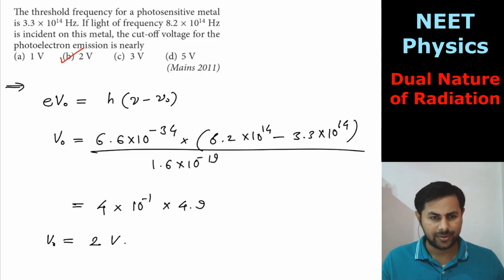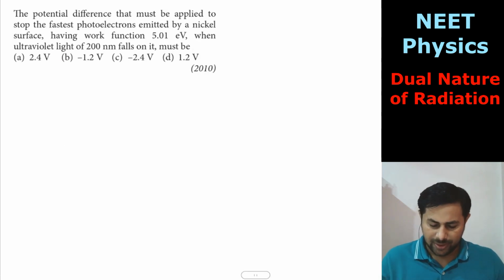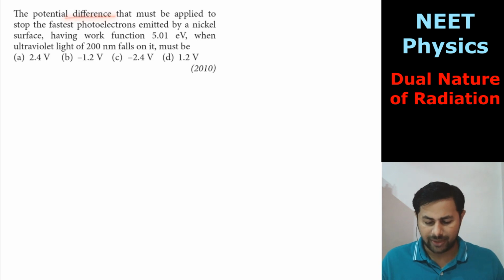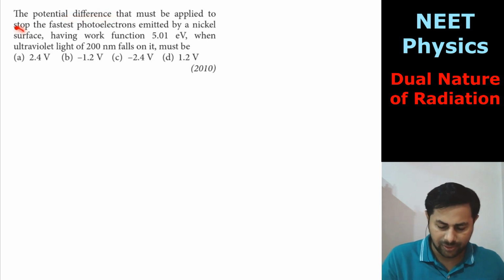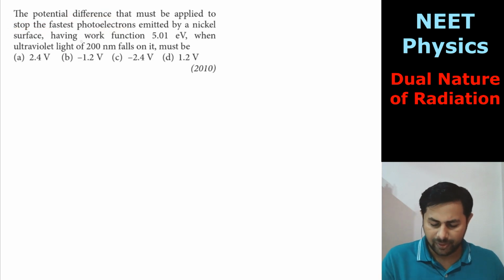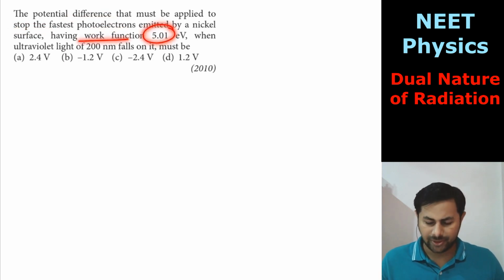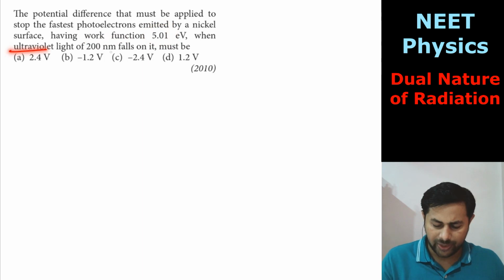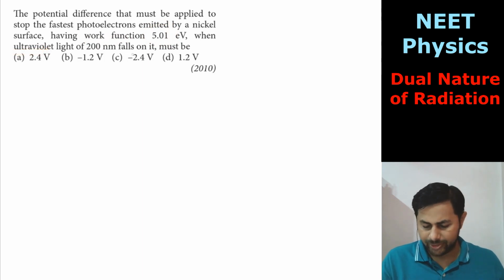That's correct, right? The potential difference that must be applied to stop the fastest photoelectrons emitted by a nickel surface having a work function of this much, when ultraviolet light of 200 nanometer falls on it, must be.